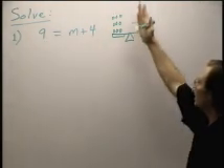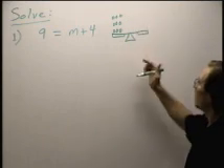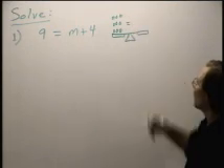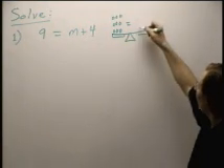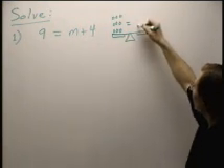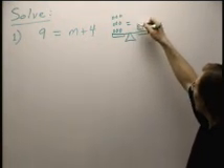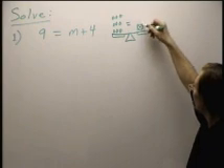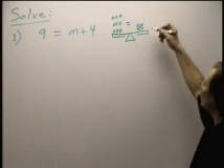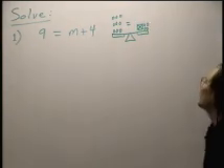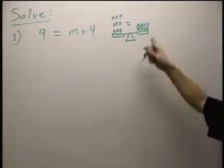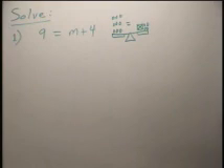The equals sign represents the middle of the scale. And then on the right side of the scale, I have some box containing an unknown number of these items, and I also have 4 of those items. The question is, how many of those items are in the box?